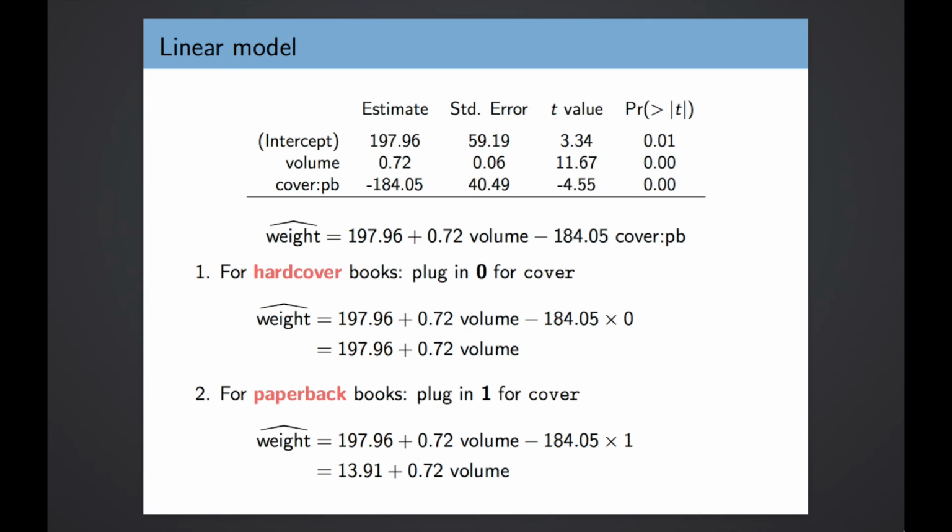This is the average difference between the hardcover book weights and the paperback book weights. So when we're dealing with a paperback book, our estimate of the weight of the book is always going to be lower when we're holding volume constant, because we have this negative 184.05 term that becomes part of our estimate of the book's weight.